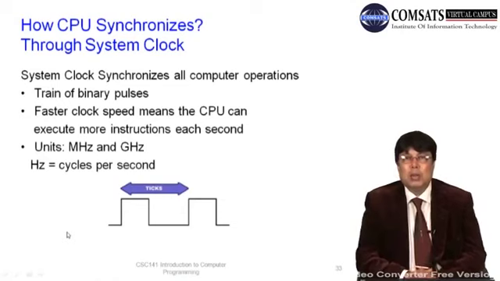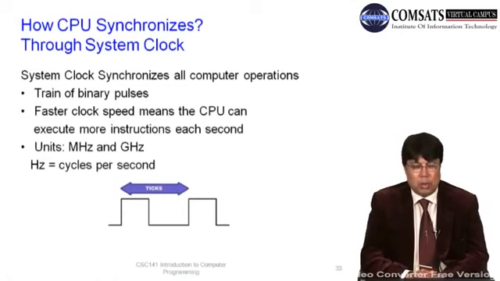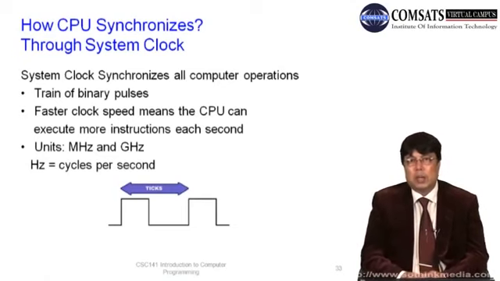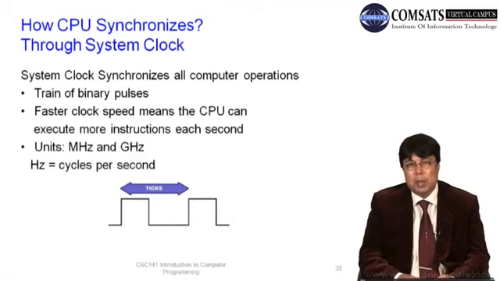Then it's a very basic question how the CPU synchronizes its tasks with the multiple devices attached. The memory is also attached to the computer, so the CPU has to synchronize with the memory. The input device is also attached to the computer.